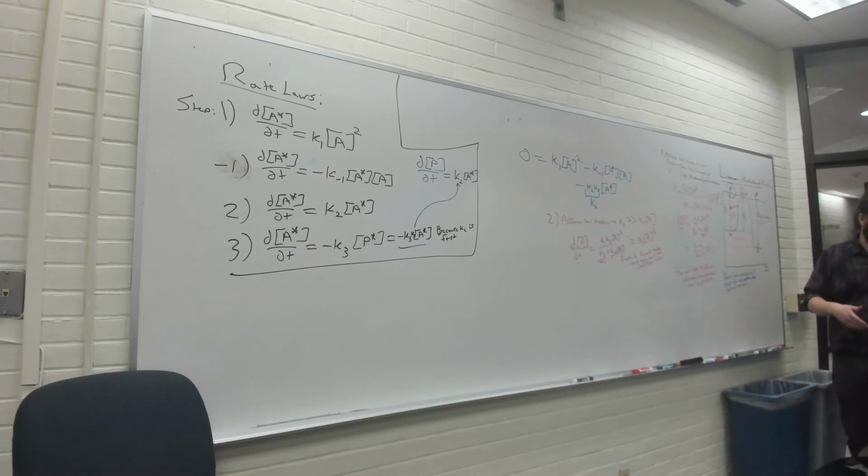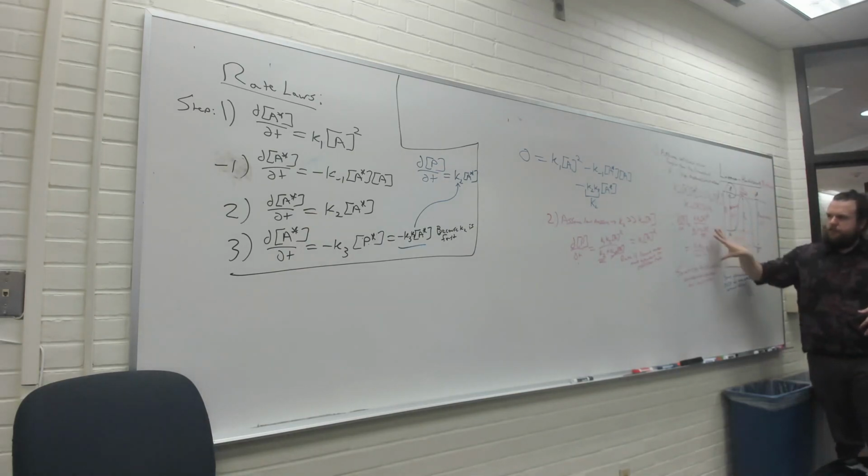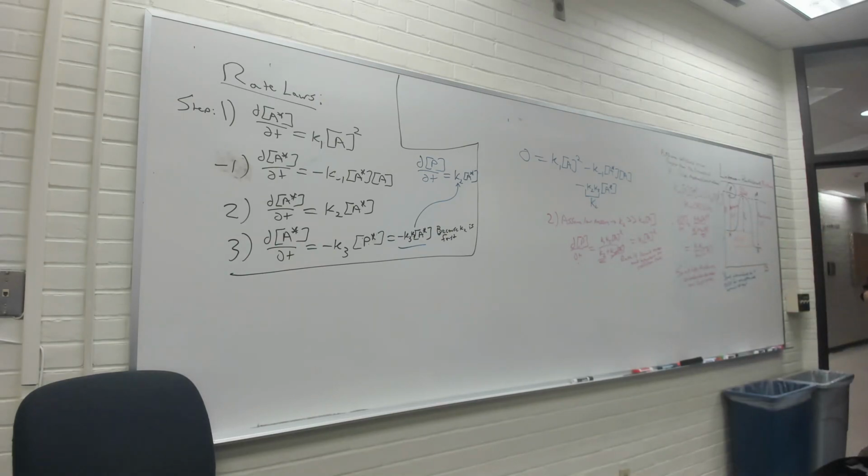But if you're colliding constantly, if you're at high pressure or, say for instance, in solution, in liquid phase, you're always colliding with the solvent. The solvent is always providing a sink of energy. It can absorb energy through collisions, it can absorb energy through vibrational energy transfer. There's all sorts of different ways a solvent can absorb energy from a reaction. So you're at the high pressure limit, and so it's first order, exactly what you would expect.